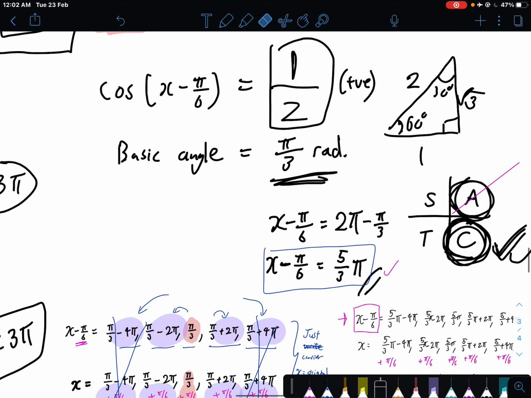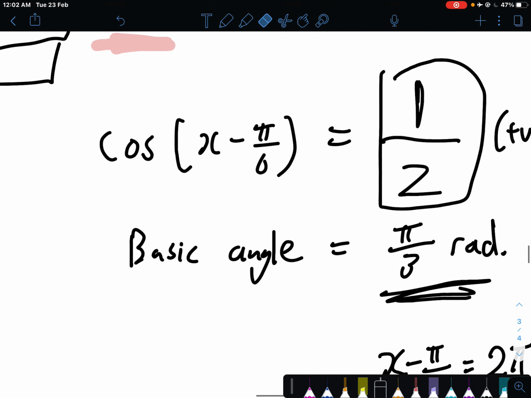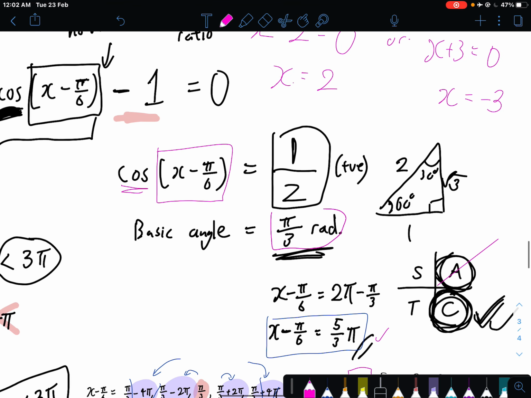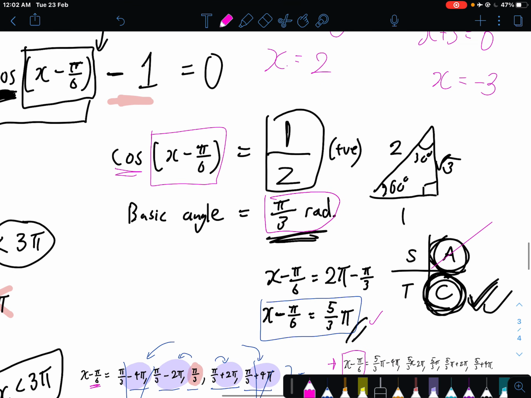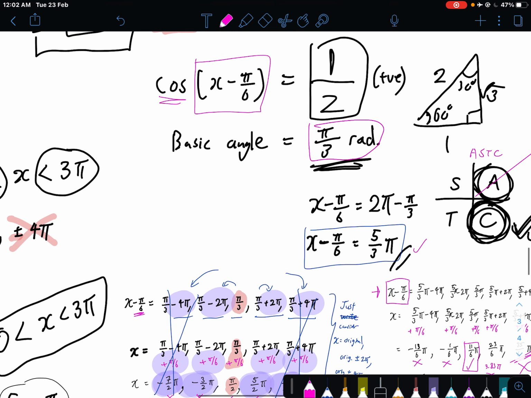At this stage, you have a cosine of whatever, and then you try to solve for the basic angle, and then after you check your ASTC, you realize it's in quadrant 1, 2, 3, or 4, and then you come up with those few possible angles that it could be in.